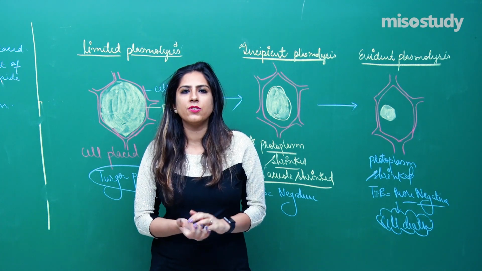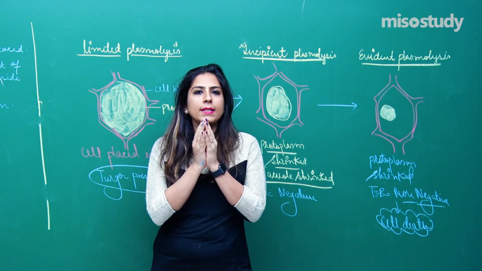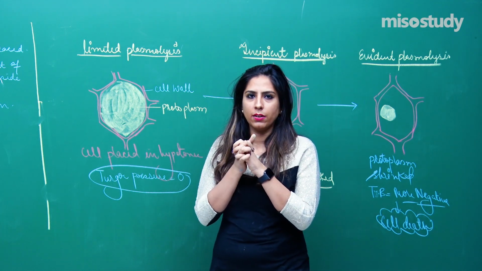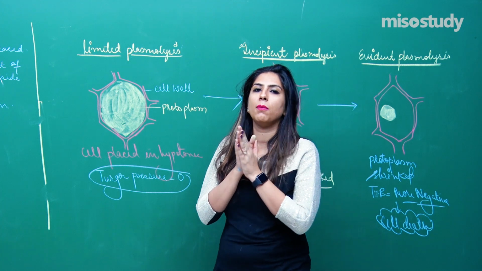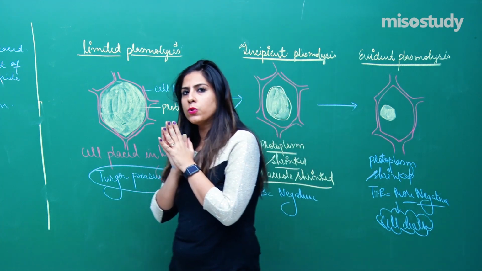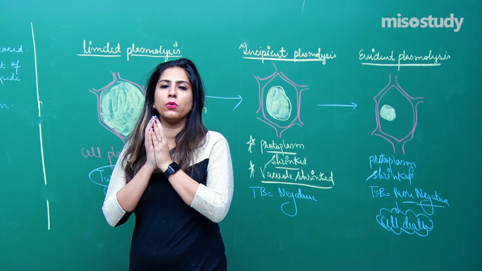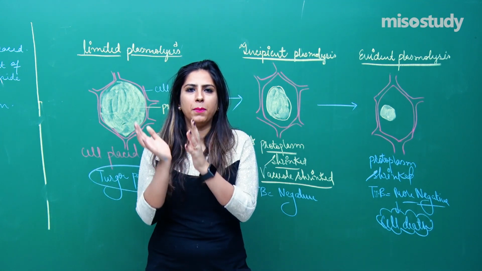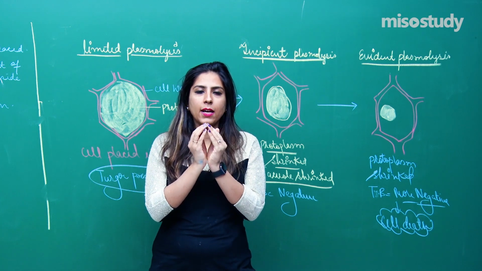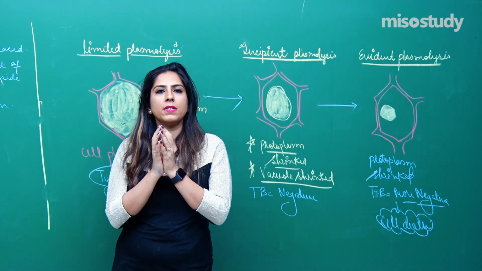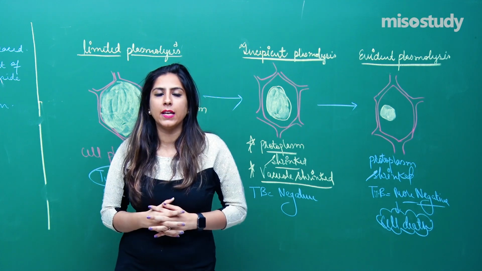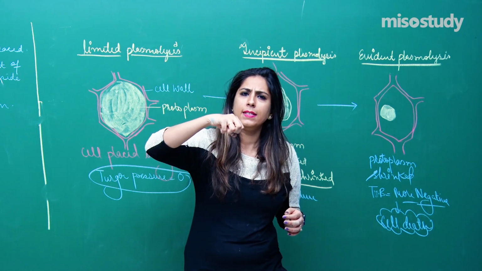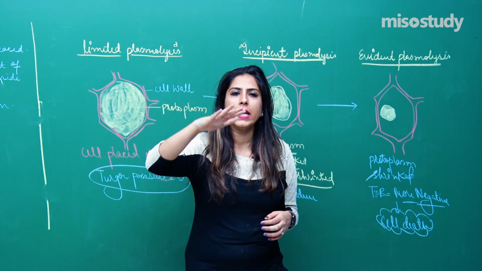Imbibition is also a process by which some solid substances, for example, grams that you soak in your houses, swell by the next morning, increasing their total surface area. During the process of imbibition, you can see that the water becomes a little hot, right? This is called imbibition.